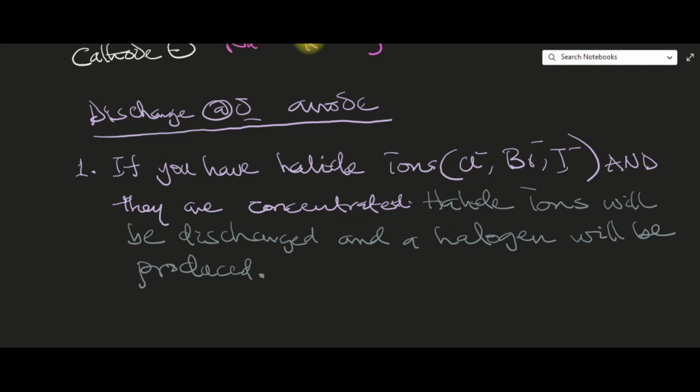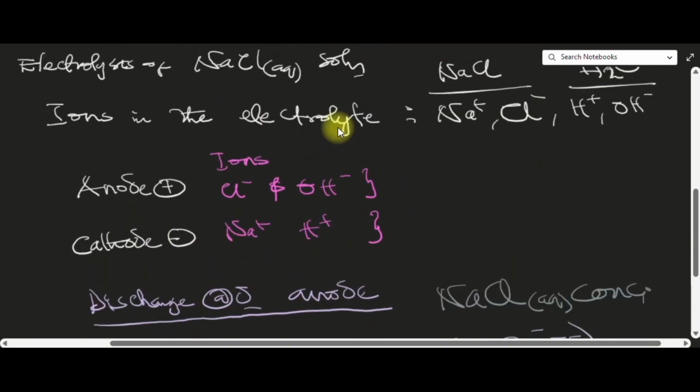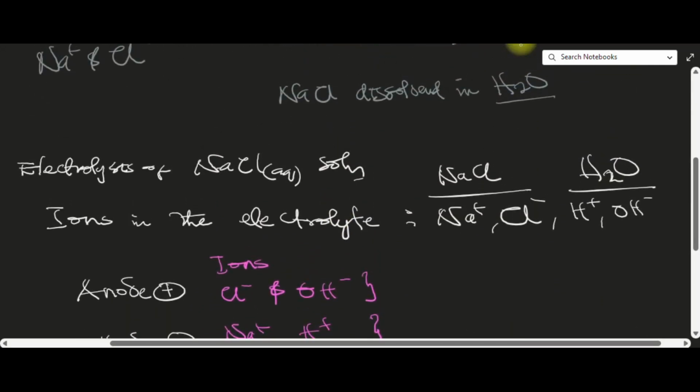Again, in the electrolyte you have halide ion. For example, what we're discussing is sodium chloride. So if our sodium chloride solution is concentrated, you expect the chloride to be discharged at the anode.